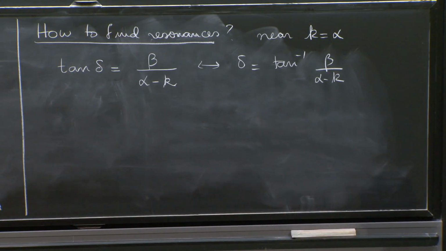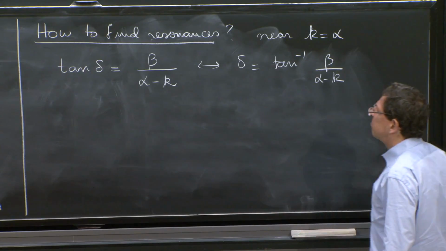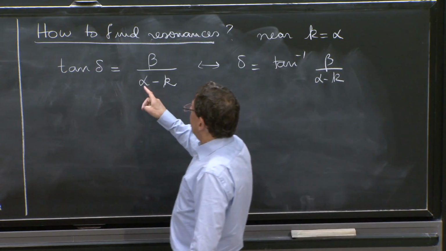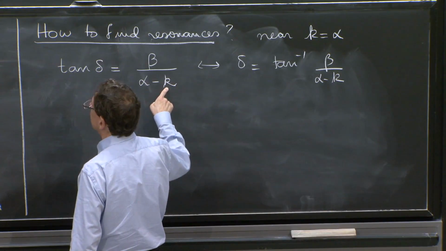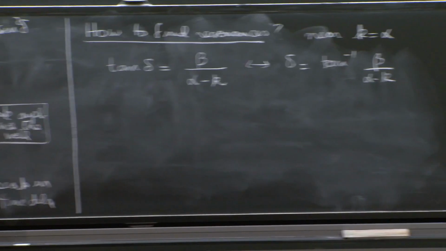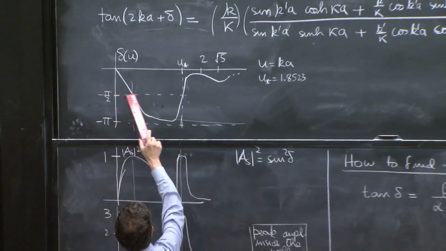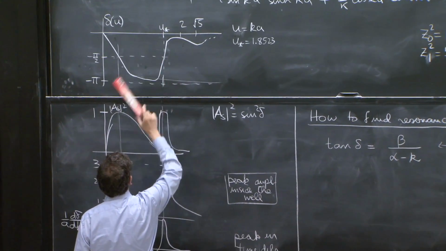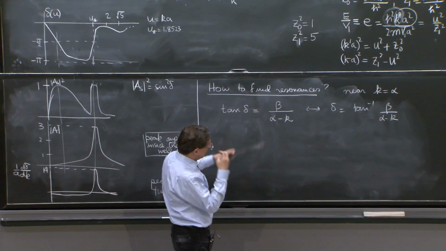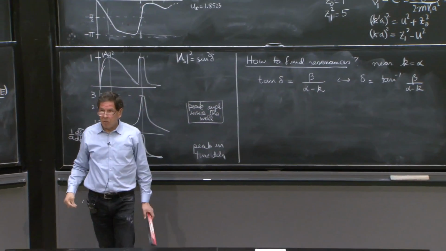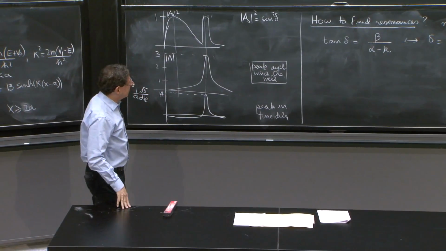Why is that reasonable? It's a little surprising, but not that surprising. You see that when delta is equal to pi over 2, the tangent of delta goes to infinity. So there's something going on here in which you have this property.